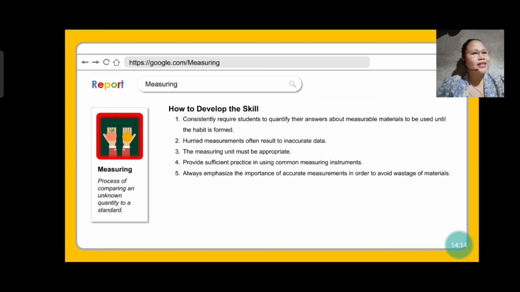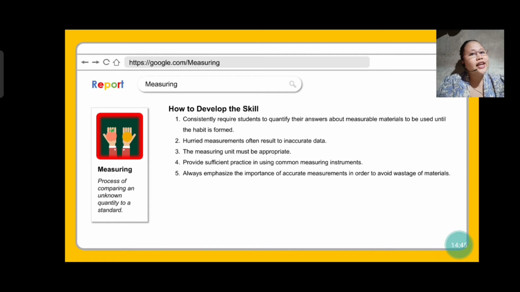It should be step by step and not rushed when taking the measurement, because if you are in a hurry, those measurements often result in inaccurate data, like just rounding off. It should be the exact amount, the exact length, the exact kilograms, the exact weight of that object, so they will not get inaccurate data.